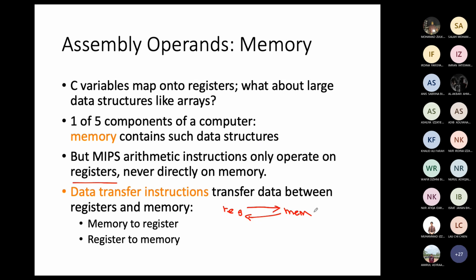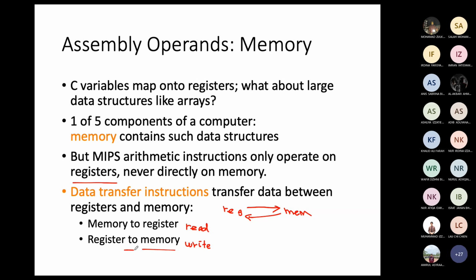And then when you want to store the data back to the array, you transfer it back to the memory. Transfer from memory to register we call read, because you want to read the data in memory and store it in the register. Transfer from register to memory we call write, because you want to store the result of the operation to memory.